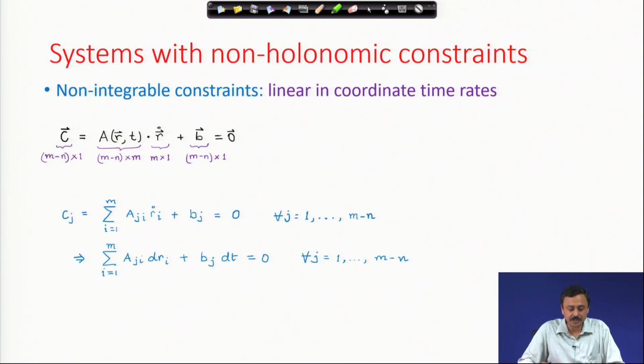How do I write the variational form of the constraint now? Imagine for a moment that we had a general function f of r and t. What do I get when I do d of f? I get the partial of f with respect to r i times d r i.